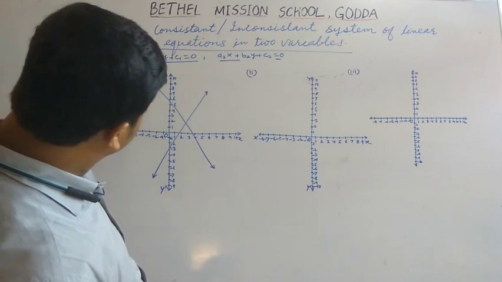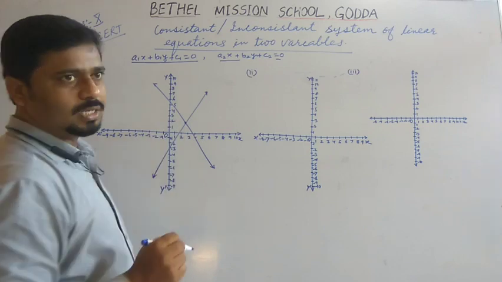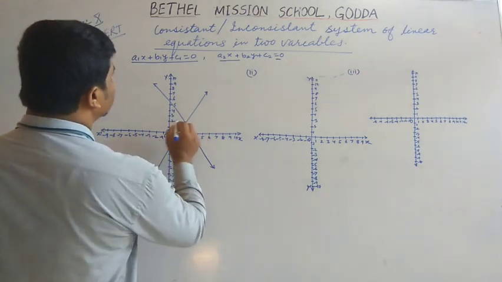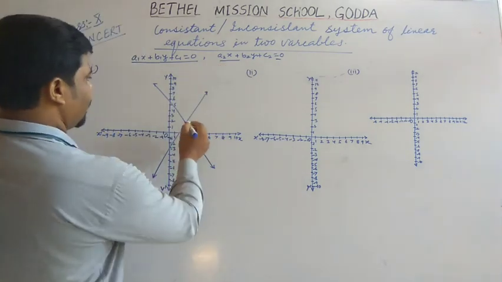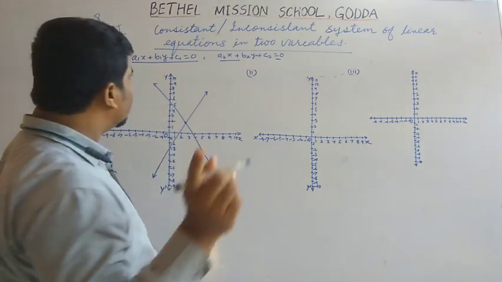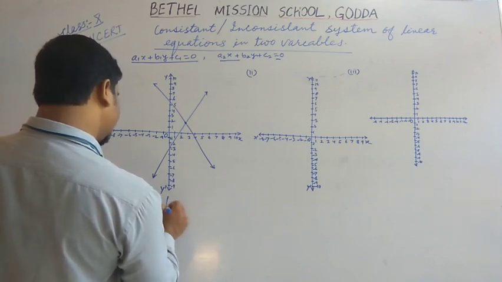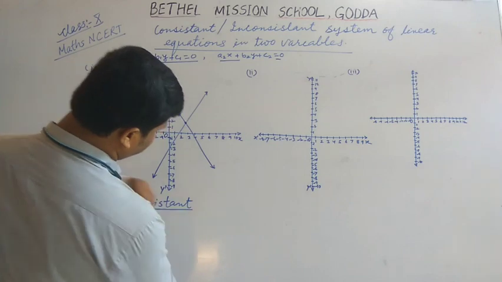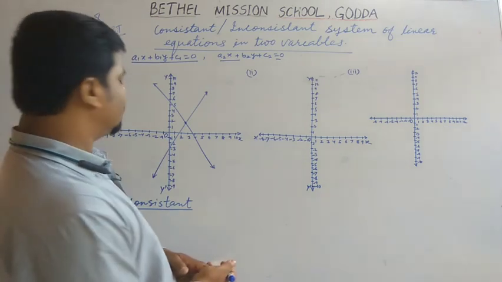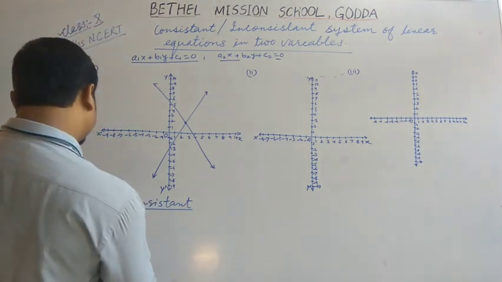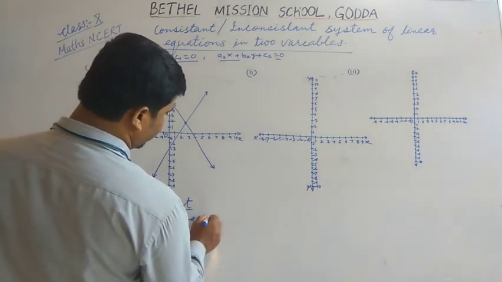So you can see two lines, and they intersect each other at one point. It means these two linear equations have at least one solution, and if they have a solution, then it is called consistent. This type of equations is called a consistent system of linear equations.